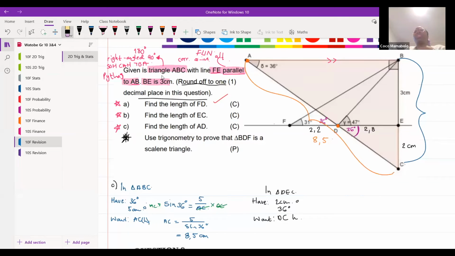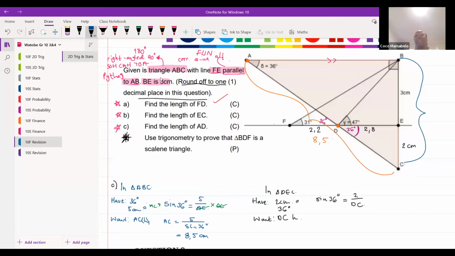Beautiful. All right. So which ratio are we going to use? We're going to use sine again, ma'am. Beautiful. Go for it. So sine 36 is equal to opposite over hypotenuse, which would be 2 centimeters over DC. Beautiful. Excellent.